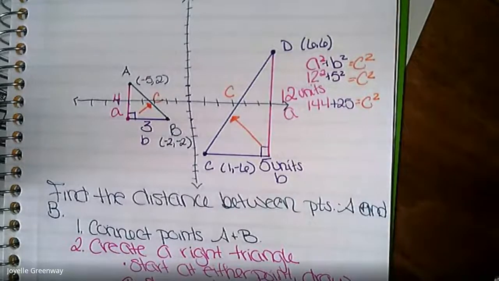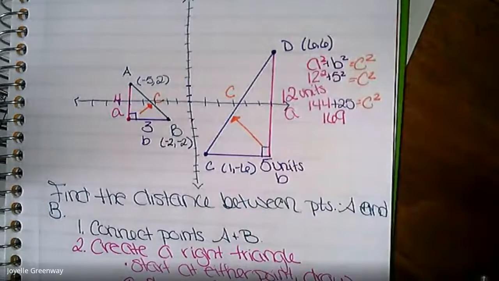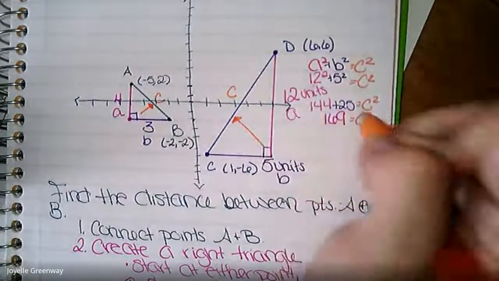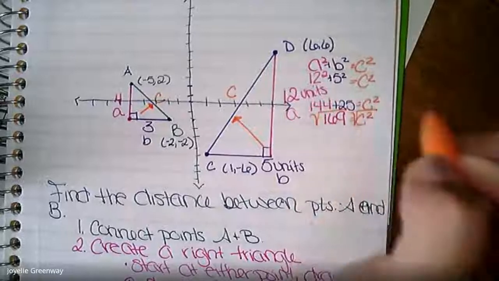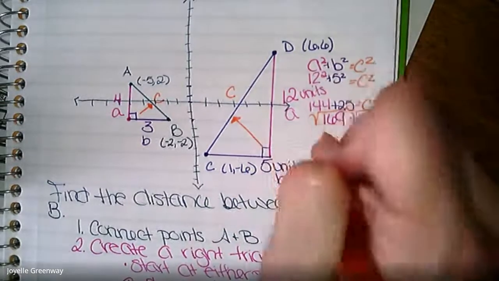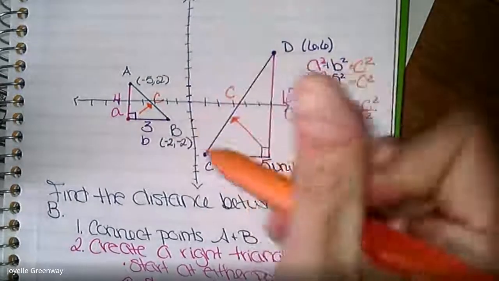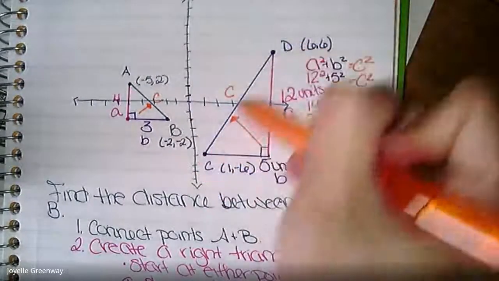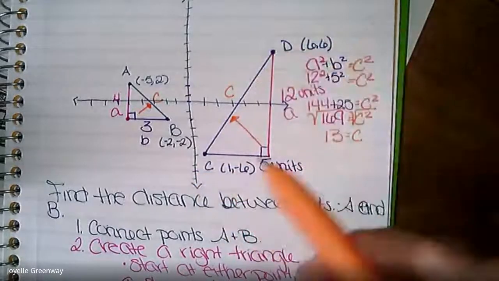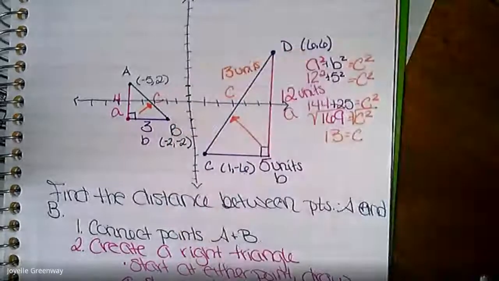So 144 plus 25 is 169 equals C squared. Now I can take the square root, and I believe that's 13. Yep. So the distance between C and D is 13 units.